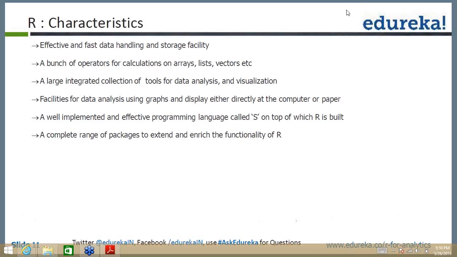Data analysis and visualization. In fact, I would say that R's visualization is definitely superior to SAS or any other tool for that matter. It has very rich visualization. It is a well implemented, effective programming language called S, on top of which R is built, with a complete range of packages to extend and enrich the functionality of R.